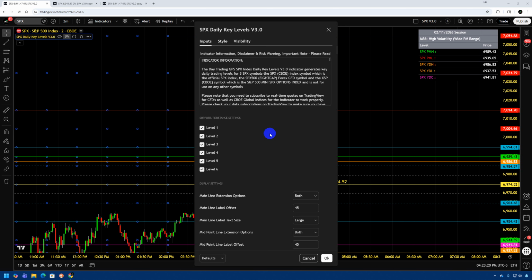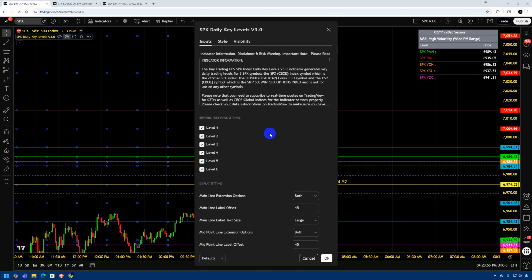So we had to make a decision as to what were some things that could be deleted, and one of those was all of the coding of different display aspects that had to do with levels 7 through 10 above and levels 7 through 10 below, including the midpoint levels, including the quarter levels, etc., and then also some of the other associated coding that's integrated with other aspects of the indicator as well.